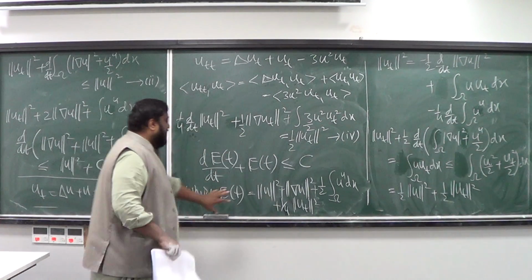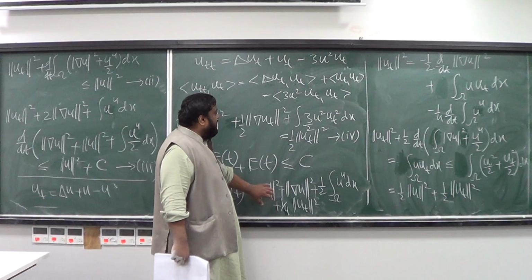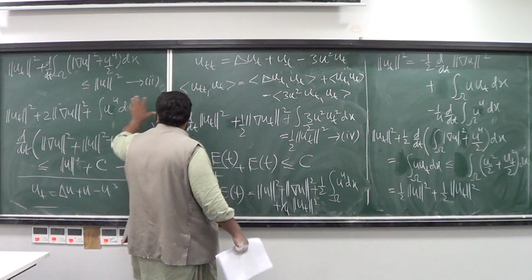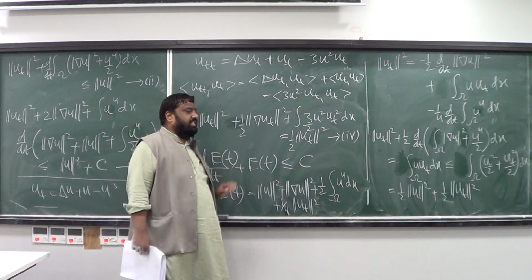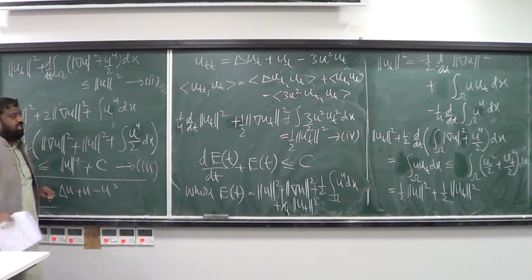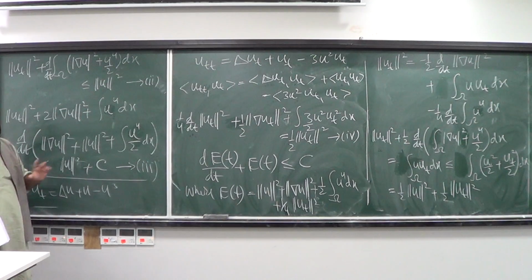Okay, so if you take E of t to be this and add this into this inequality, you're going to get basically this differential inequality. So I'm not doing these elementary calculations, so do it for yourself.